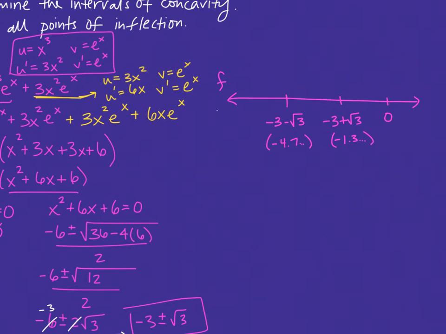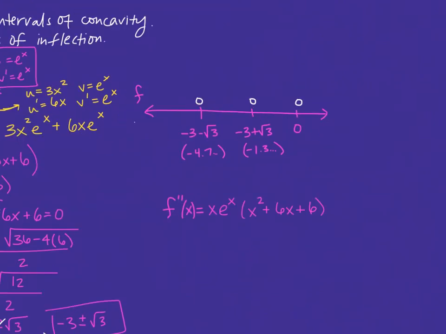Okay, so now we want to plug in some values for f double prime. We know that these three pop out 0. And I brought over our factored f double prime so we could remember what it was. So let's plug in a number that's clearly in this interval over here. I'm going to plug in -5. So if we plug in -5 into that interval and test it, we'll have a negative for the x value up front.